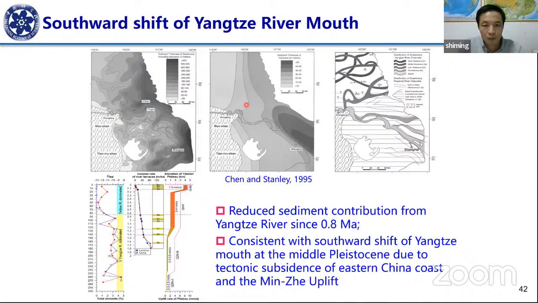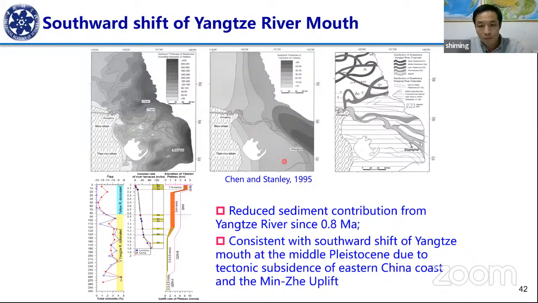This is supported by seismic data from the eastern China coast, showing the Yangtze River shifted southward. So we know that the present Yangtze River drains into the sea at Shanghai, but in the past, especially before the Middle Pleistocene, it drained to the South Yellow Sea.